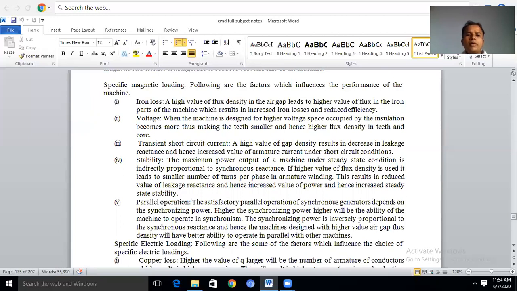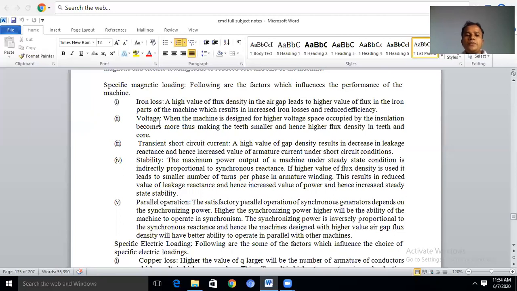If I say synchronous machine or synchronous generator, we are generating higher power with higher voltage, meaning we need to generate the maximum power at high voltage.